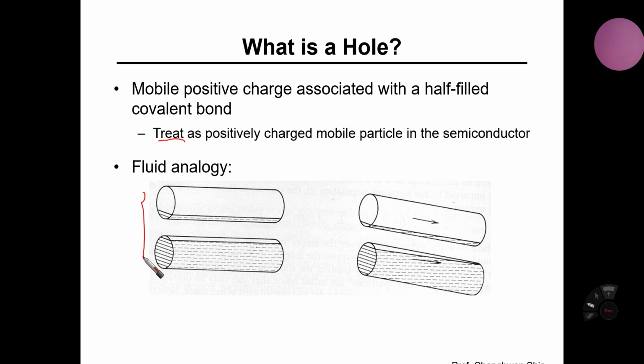Just at this point, what is a hole? You can answer that a hole is mobile, and positively charged instead of negatively charged, because in a two-dimensional bonding diagram, once an electron which originally participated in covalent bonding is freed out or becomes a conduction electron, the hole has been left over.